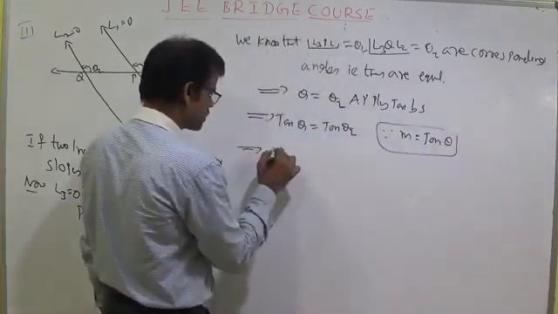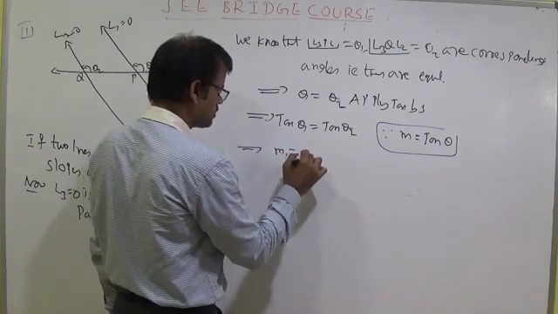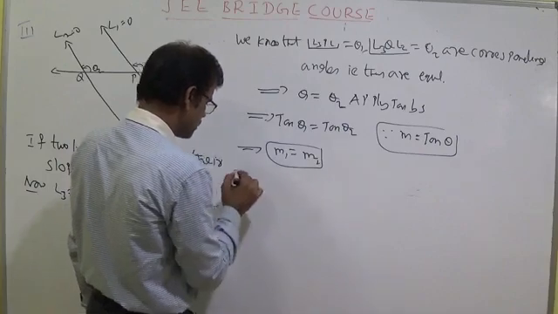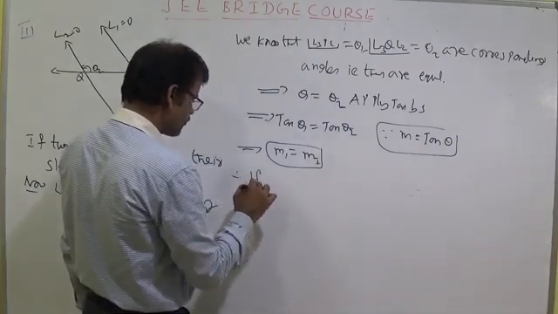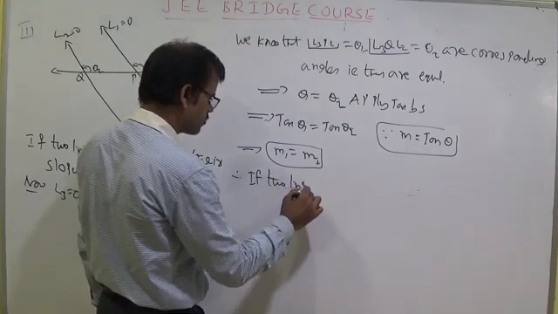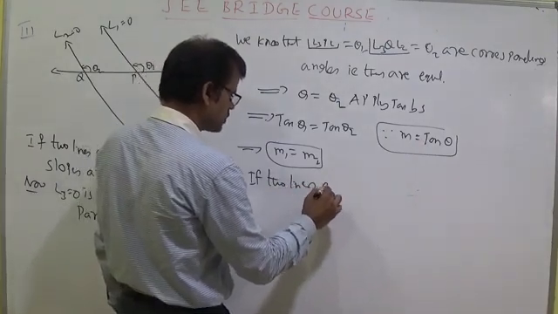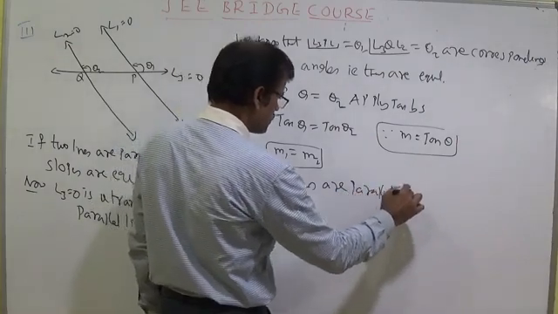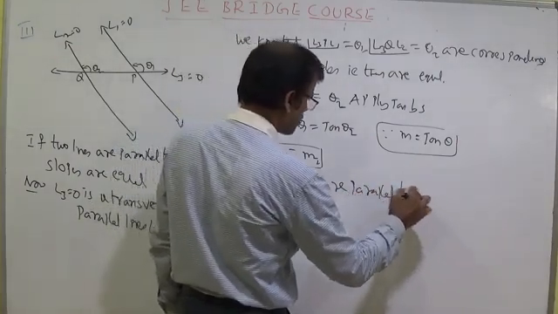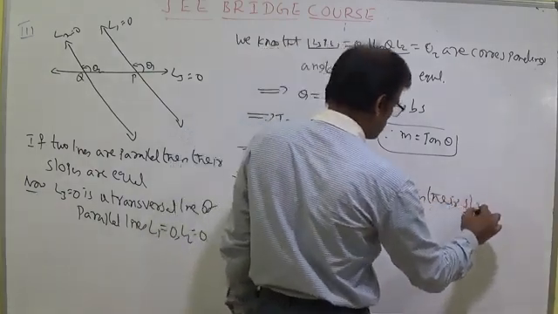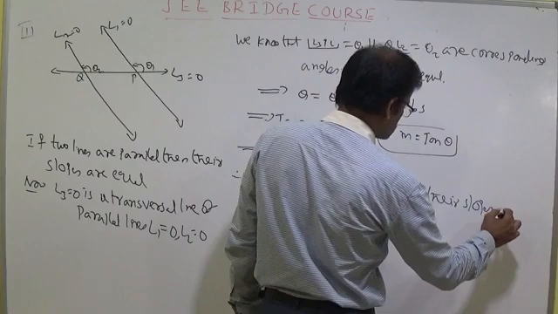That implies we can write tan theta 1 is equal to m1 and tan theta 2 is equal to m2. Therefore, if two lines are parallel, their slopes are equal. This is the important concept.